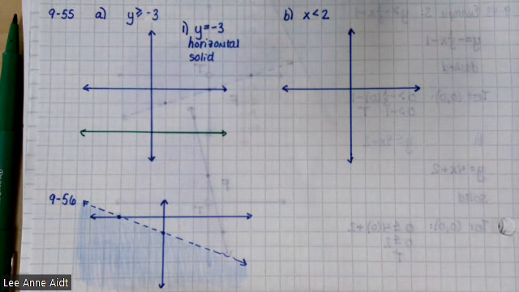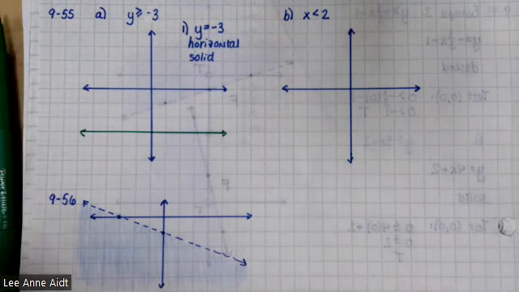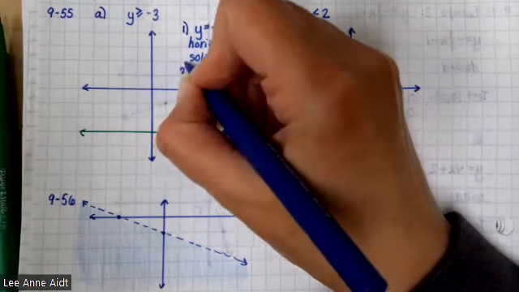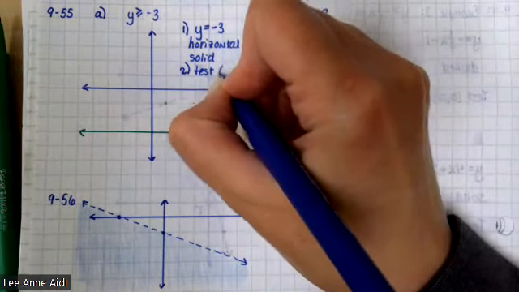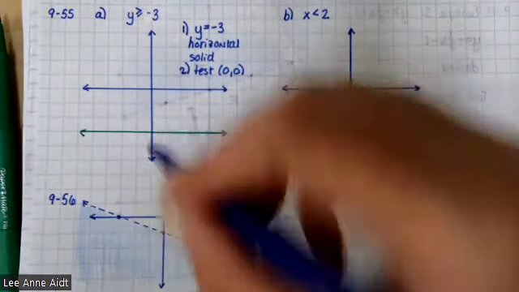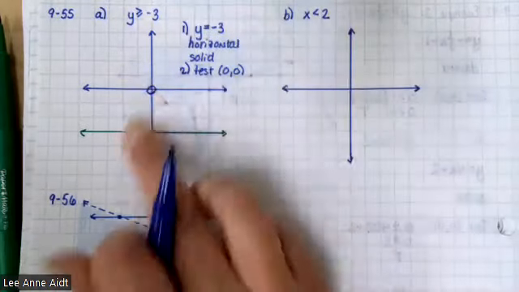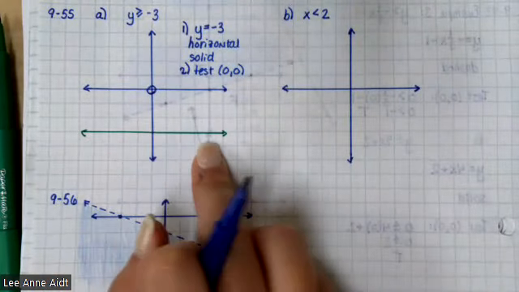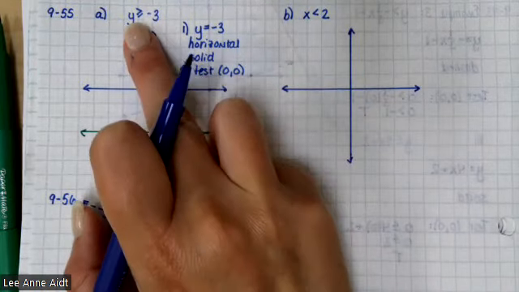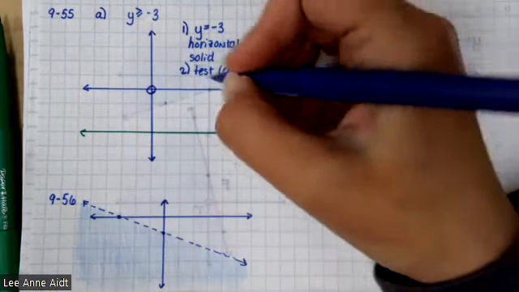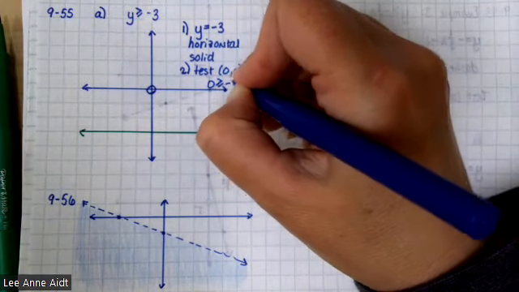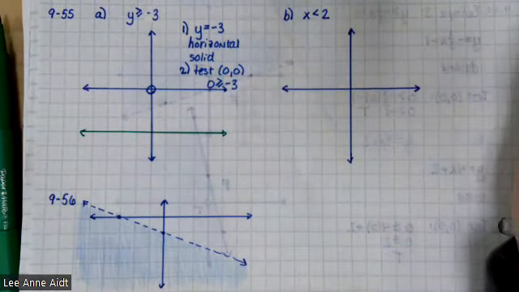Okay, and then I'm going to test a point just like I would with the other ones. But it's going to feel weird to you. I'm going to test 0, 0, which is right here. It's okay to do because it's not on the green line. But you're only actually going to plug in one of the zeros. You're just going to put it in the y spot. So 0 is greater than or equal to -3.